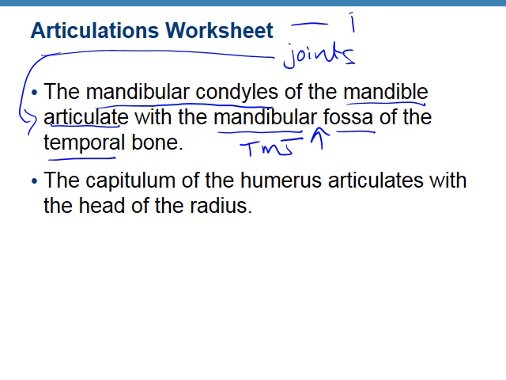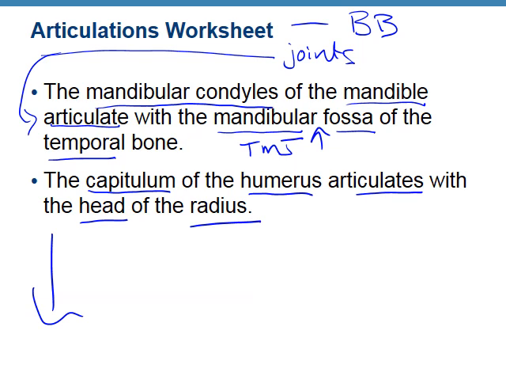So inside Blackboard again, there's an articulation worksheet and it goes through several of these. Here's the capitulum of the humerus articulates with the head of the radius. The trochlea of the humerus articulates with the trochlear notch of the ulna. So there's several of these to look at. Again, there'll be a few questions on the test about articulations.